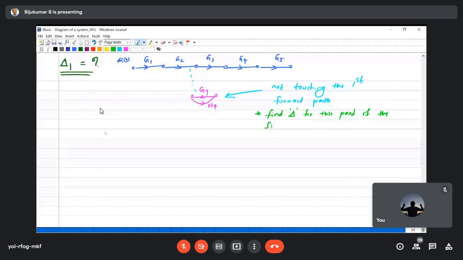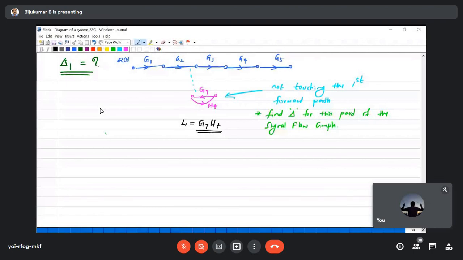So in order to find the delta 1, first of all, you have to see the equation will be like this. How many loops exist in this? Only one loop, right? And that can be written as G7 H4. Since only one loop exists, there is no concept of touching loops. So we can write delta 1 equal to 1 minus sum of the loop gain.